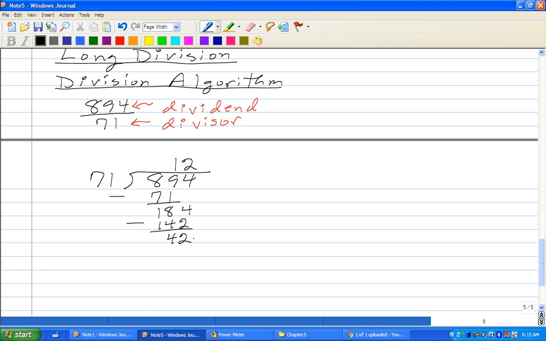Okay. So now you notice that 42 is smaller than 71. Since 42 is smaller than 71, that means that 42 is a remainder. Okay. So let's give you some names here. This is my dividend. This is my divisor.